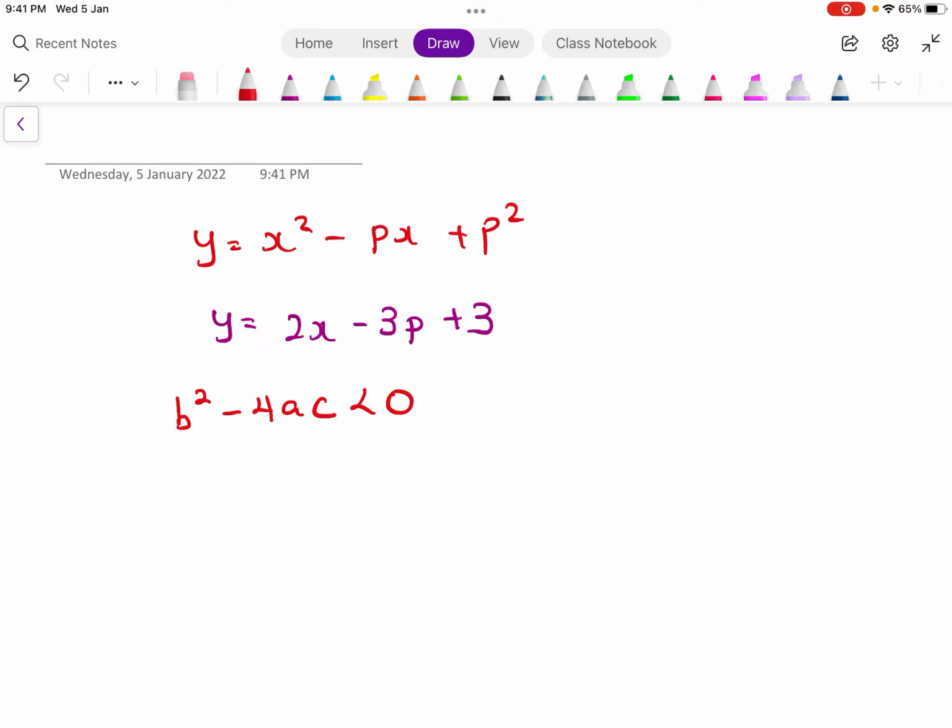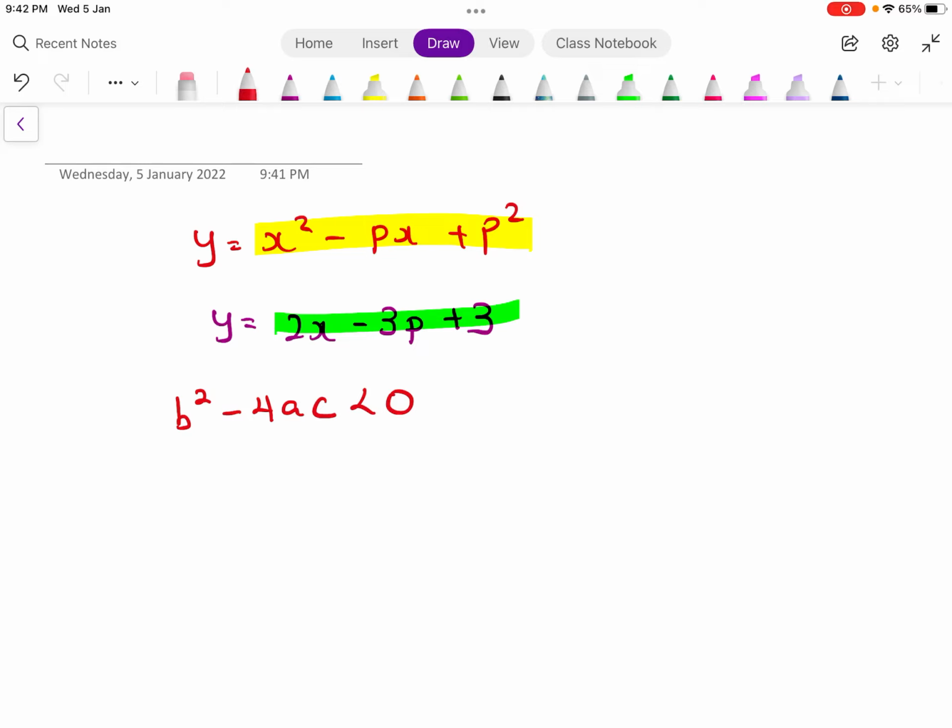So what is the additional thing I need to do for this type of question as compared to example 1? I need to equate them together first. What do I mean by equating them together? It means that I need to put this and this together, something like a simultaneous equation.